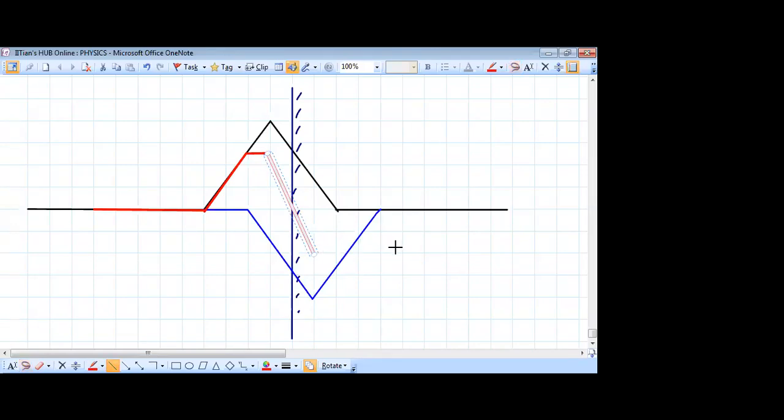Then again, so it will be something like this. This will be the shape.